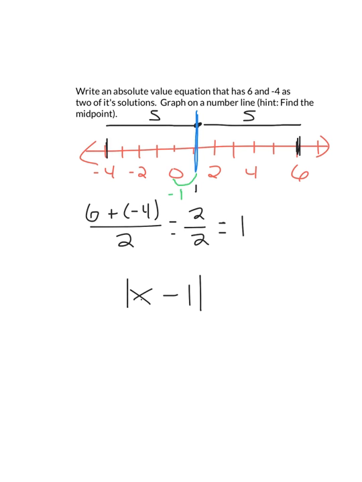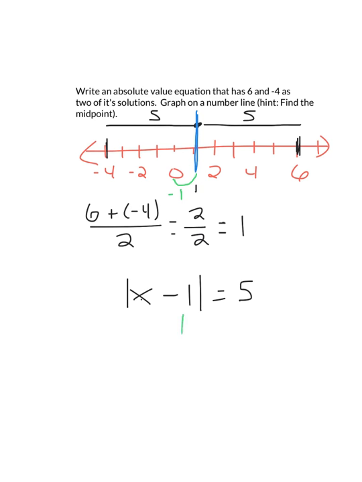My distance, does my distance change from the midpoint? I know we moved it to the left 1, we subtracted 1, but does the distance change? No, it doesn't. So it's equal to 5. There's my equation.